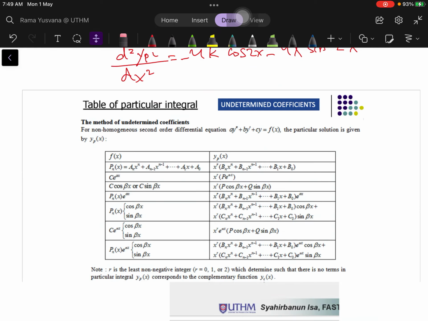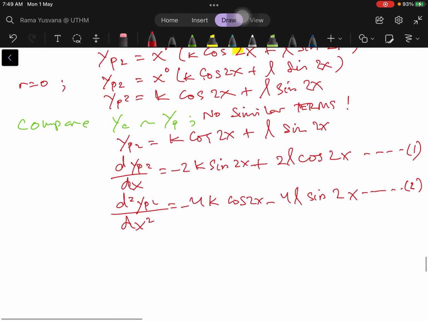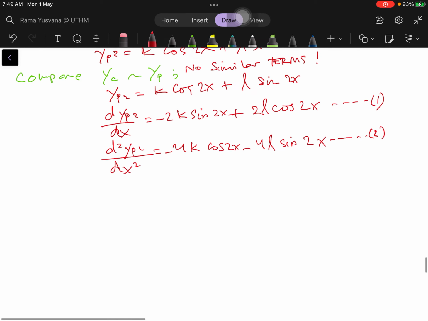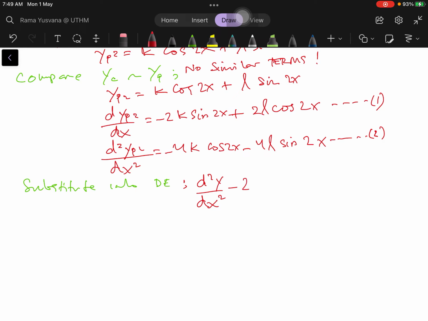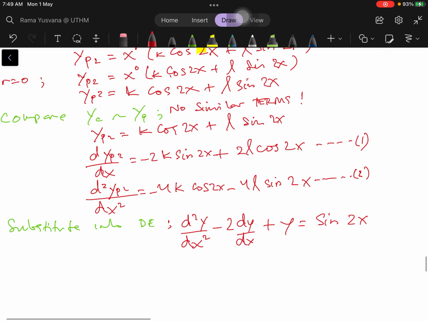This is our second equation. Let's make some room. So next we are going to substitute into the DE, which was d square y over dx square minus 2 dy dx plus y equals to our fx, sin 2x.